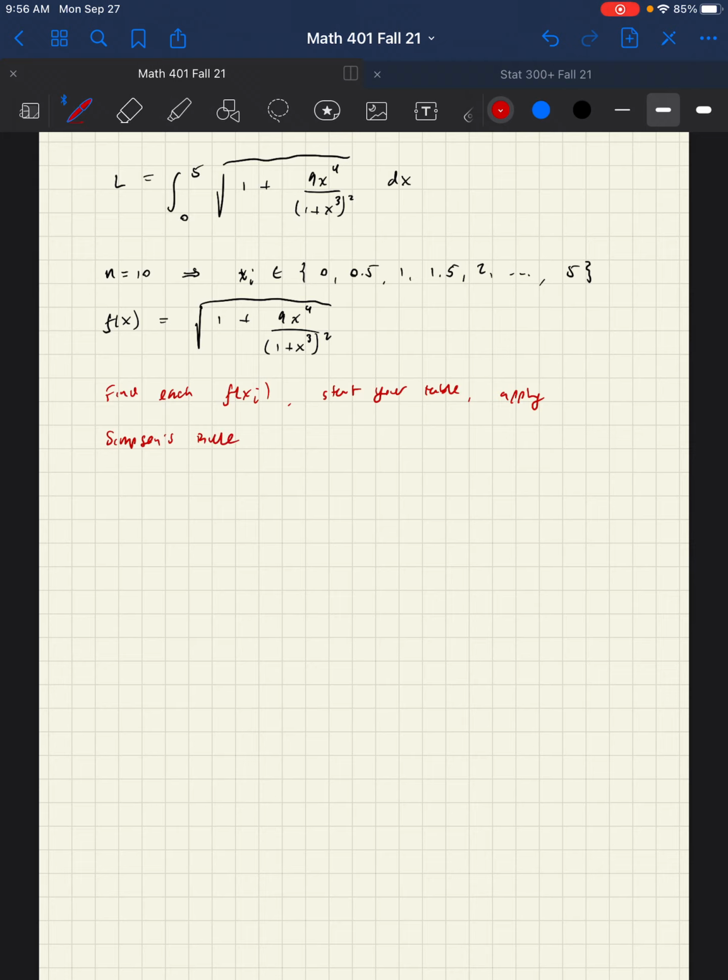Form your table. Apply Simpson's rule. And that will be your approximation to the arc length.